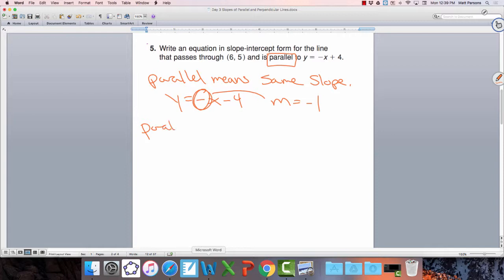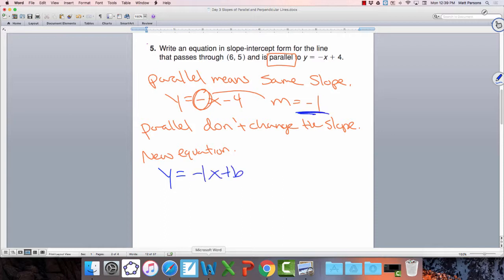Parallel, don't change the slope. Okay? So my new equation, step 1 is to write it as negative 1x plus b. I'm going to take this slope and plug it in right there.